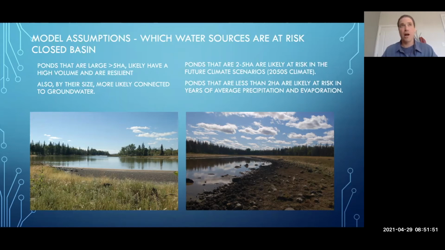And this is for drier ecotypes. Again, once we get into the wetter ecotypes and wetter ecosystems, we don't have as much evaporation. And so the 2 to 5 hectare size is, for the caribou, a very important pond size.